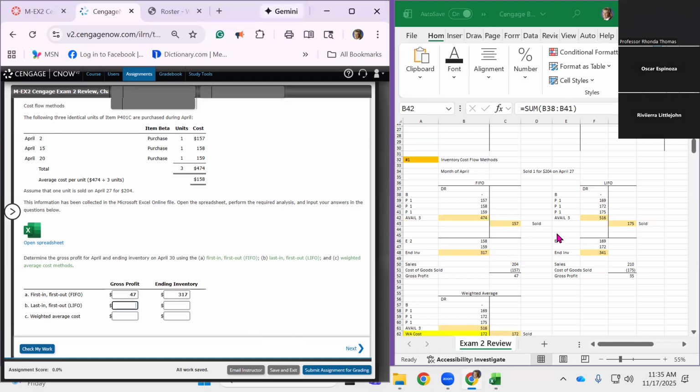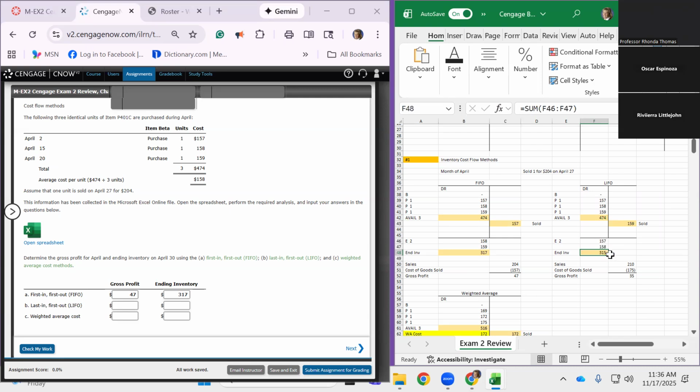Now we're going to do last in, first out. I'm just going to repeat what I have here. Last in, first out means that the last one that came in is actually going to be the one we're going to sell. So the first one is still in ending inventory, and so is the second one.